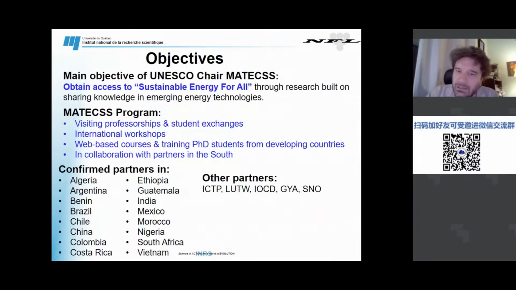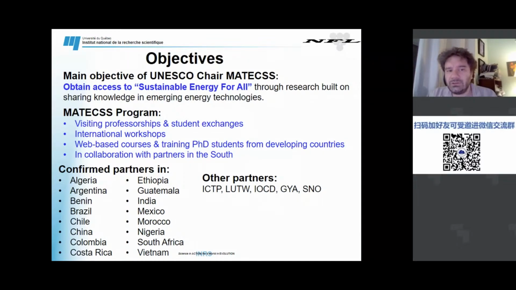So the main objective of our UNESCO chair is to obtain sustainable energy for all, which is, again, one of the Sustainable Development Goals. And we want to do this through research that is built on sharing knowledge in emerging energy technologies. And so because of UNESCO's emphasis on capacity building in the South, we mostly have partner organizations in the South. We have a lot of collaborators, of course, in China, which is a major player in our activities, but also in many other countries.